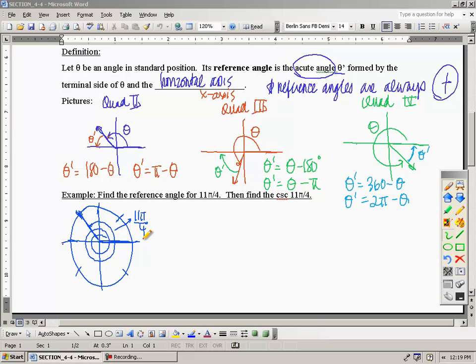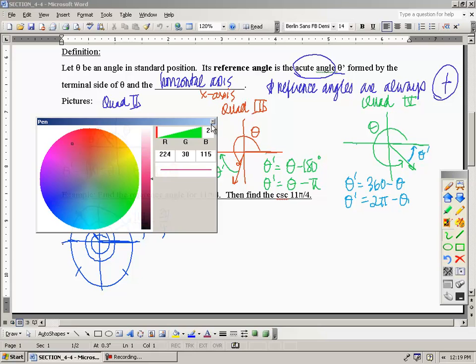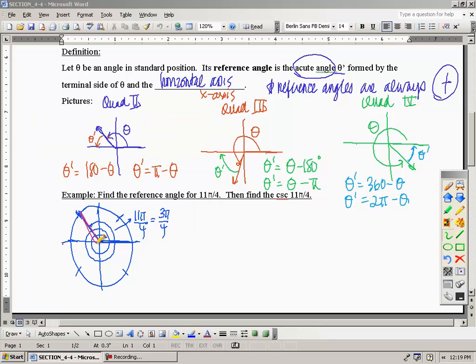So what I'm going to do then is instead I'm going to say 11 pi over 4 is the same thing as 3 pi over 4. And I'm going to use this idea of 3 pi over 4. Now again, let me change my color and let's look at this. If here is my placement, is it quicker to go to the negative x-axis or back to the positive? And we know it's quicker to go to the negative x-axis.